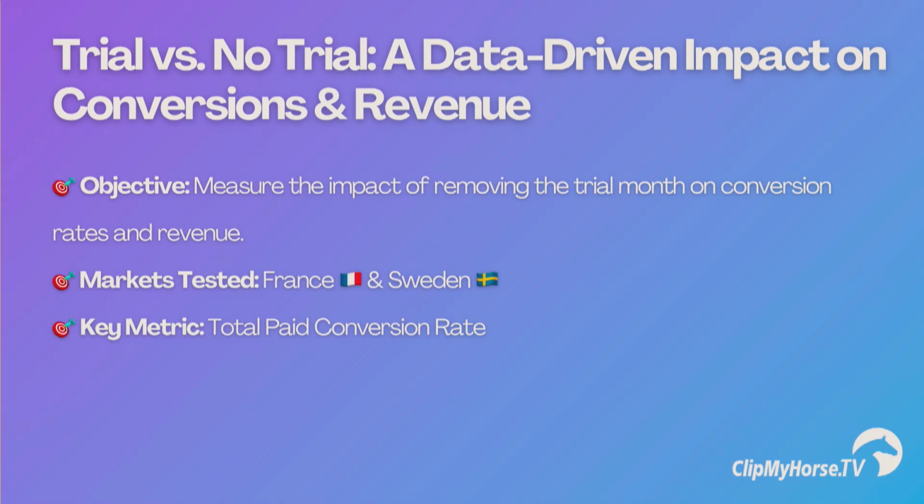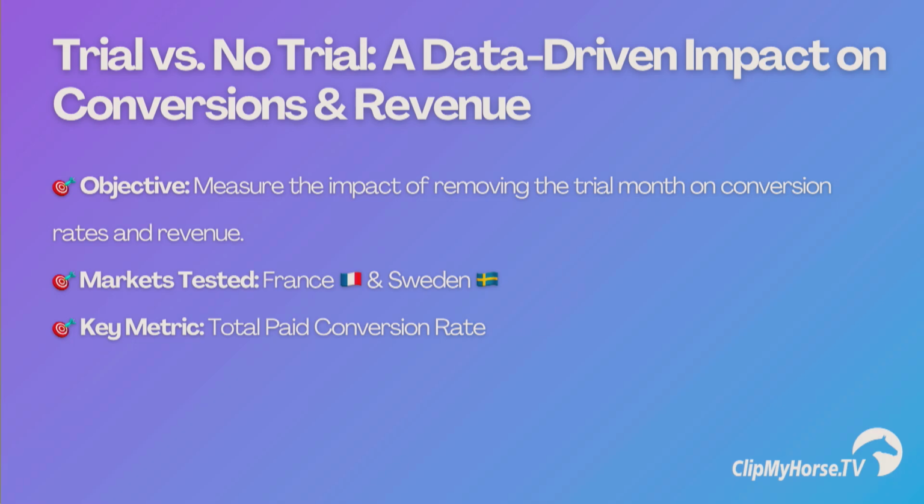Now I will show you an example which we did at Click My Horse TV, and just a quick note on what Click My Horse TV is. This is a video streaming platform for equestrian sports, and we stream horse events from all around the world.